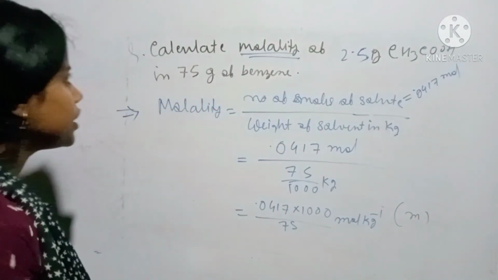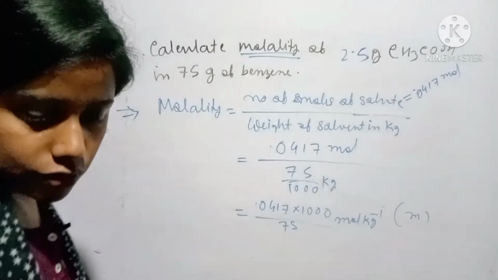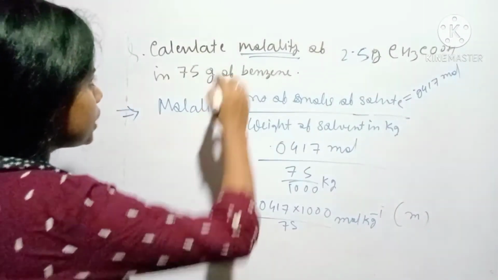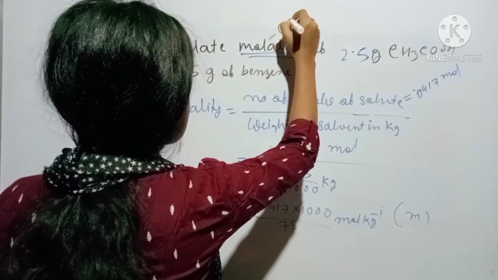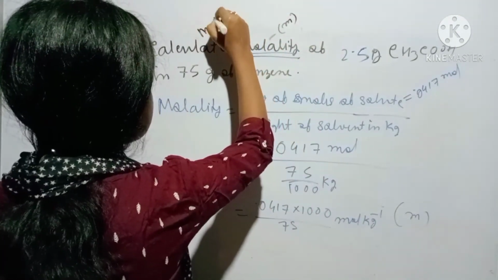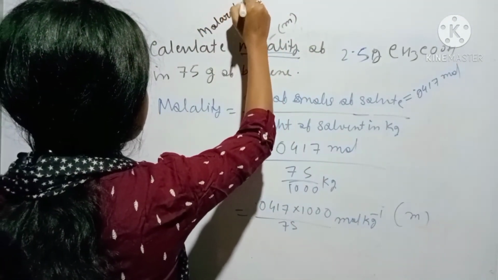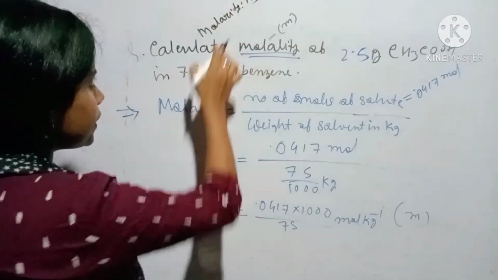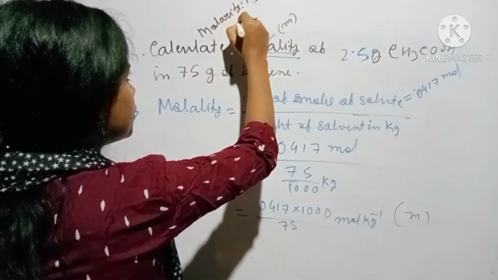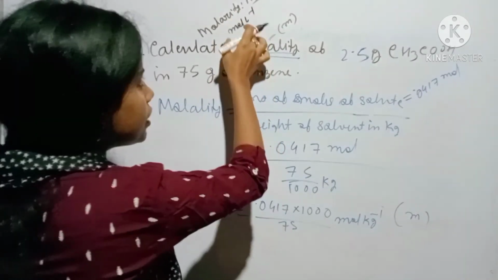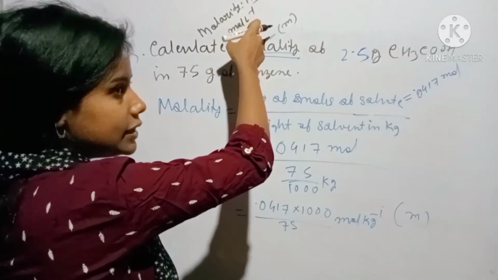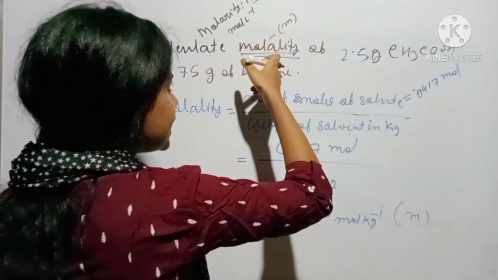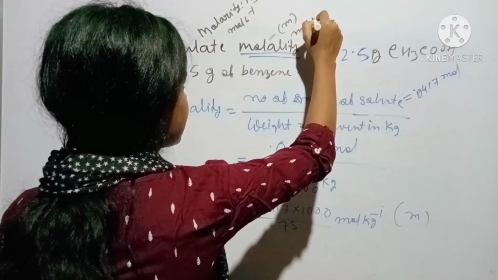Oh, sorry, I forgot to remind you that molality is denoted by small m and molarity is denoted by capital M. The unit of molarity is mole per liter, because it's the number of moles of solute per liter, and the unit of molality is mole per kg.